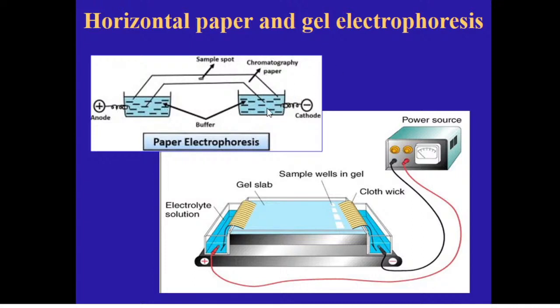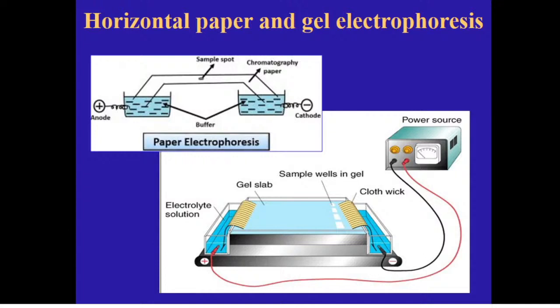If we create a constant electric field and put into the buffer solution a piece of coarse chromatographic paper, we can put a spot of sample, for example blood serum or blood plasma, and separate proteins depending on their charge.